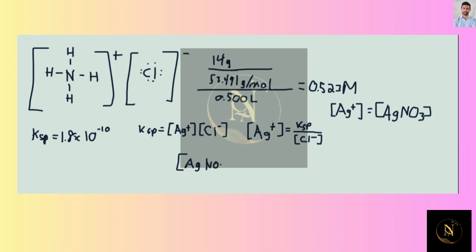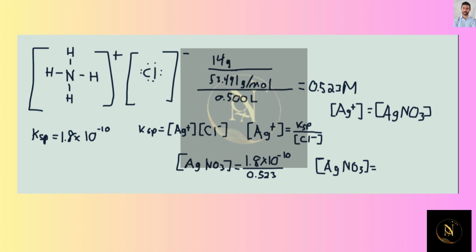The concentration of silver nitrate, AgNO3, is 1.8 times 10 to the negative 10 over 0.523. So 1.8 times 10 to negative 10 divided by 0.523.